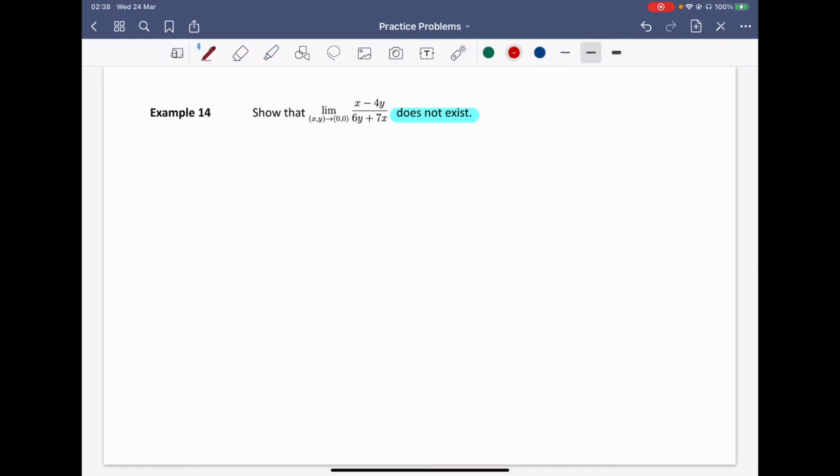So that means you need to pick lines that approach 0, 0, and then try to get different limits. We're gonna start with the easy one first. So we're gonna pick x equal to 0. We can do it because x equal to 0 approaches the origin 0, 0 as well. So if I pick x equal to 0, then I have the limit as x, y go to the origin of x minus 4y over 6y plus 7x.